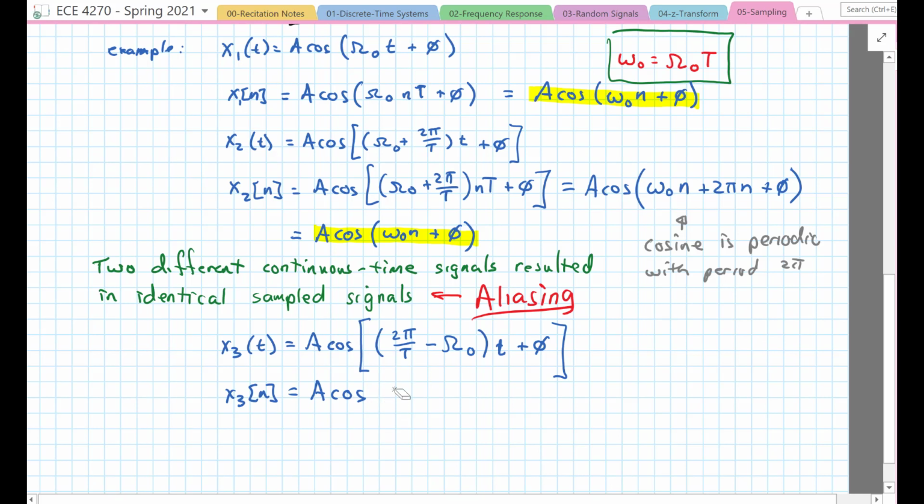We're going to get now 2 pi over T minus Omega naught times nT plus phi, which will be simply a cosine of 2 pi n minus omega naught n plus phi.